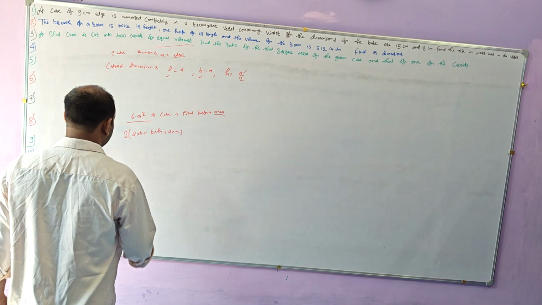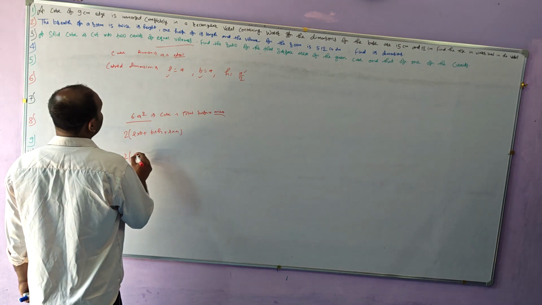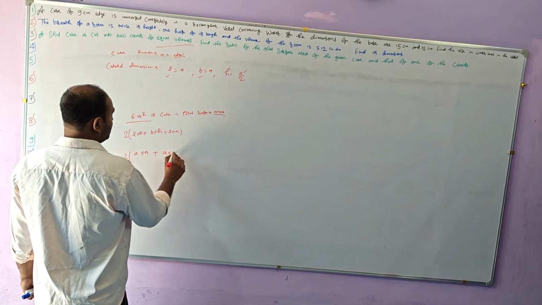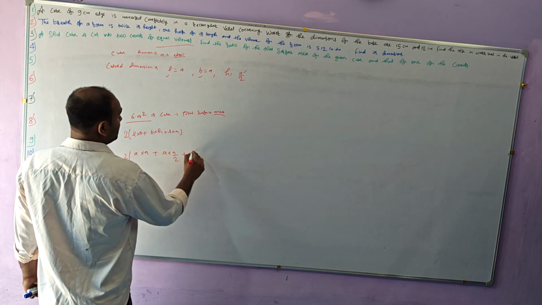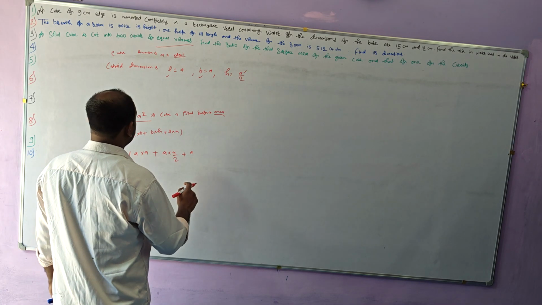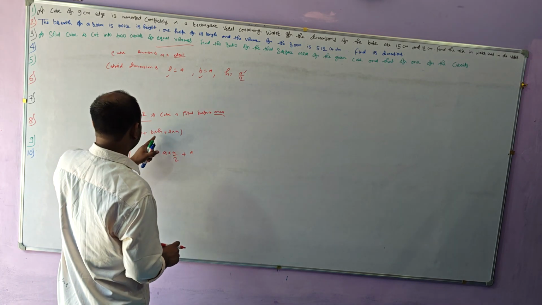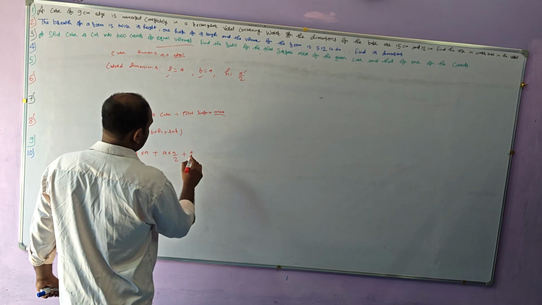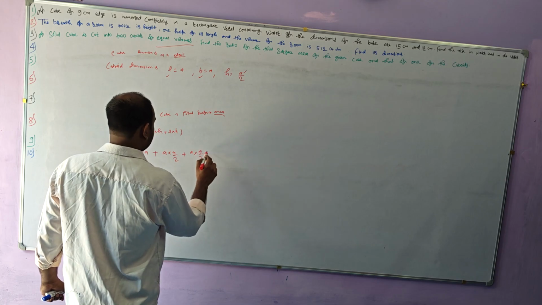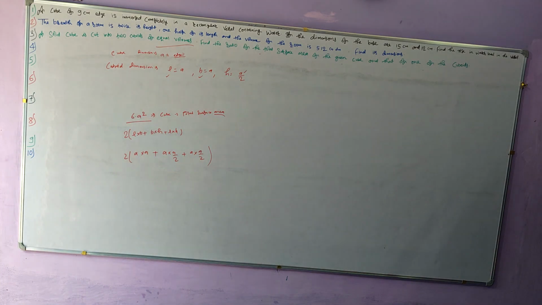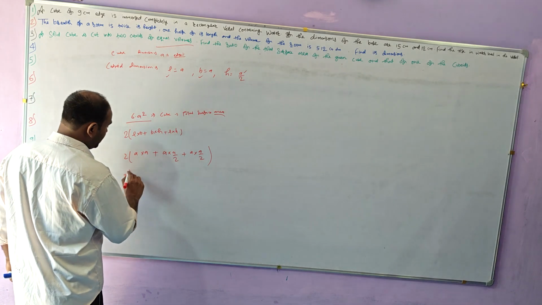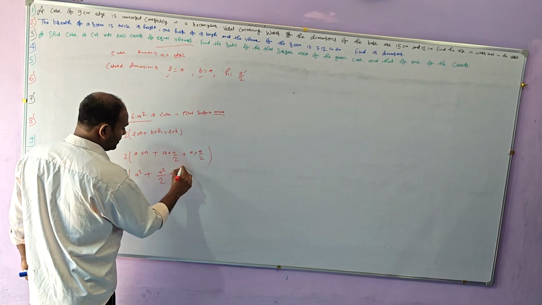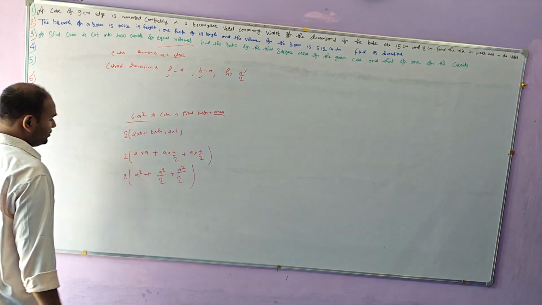So we get from this 2 into (a into a plus a into a by 2 plus a into a by 2), that is L into B, B into H and L into H. From this, a square plus a square upon 2 plus a square upon 2.